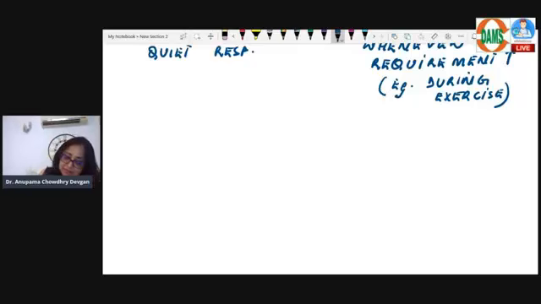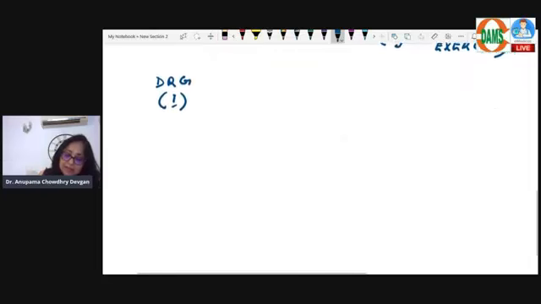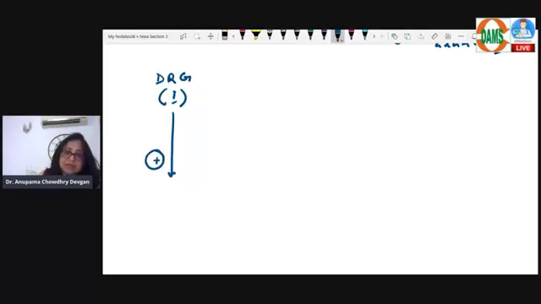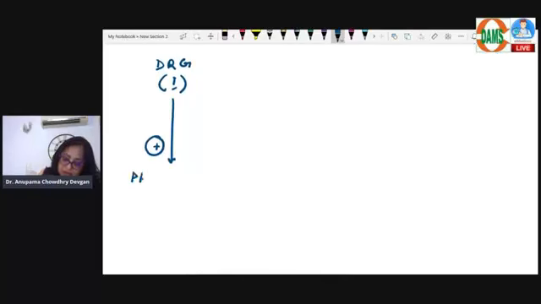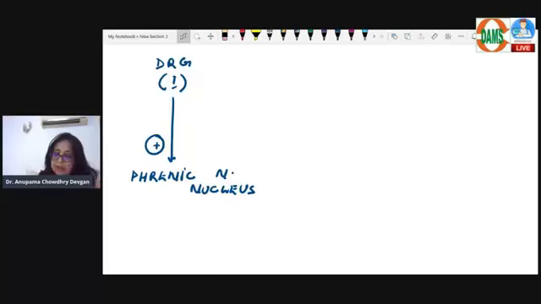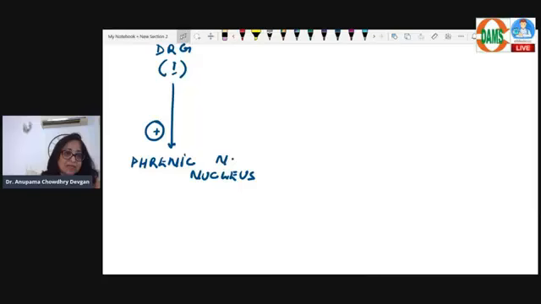So what happens is the DRG, the I neurons, send excitatory impulses to the phrenic nerve nucleus, which is in the cervical spinal cord.